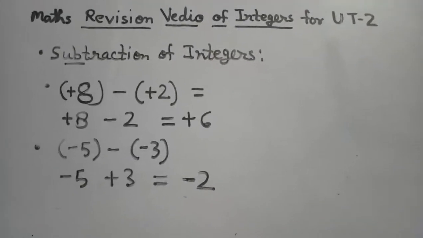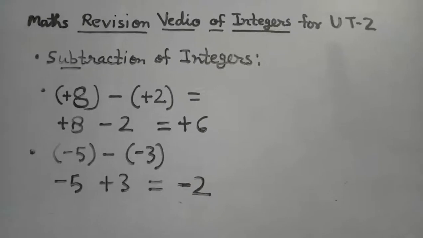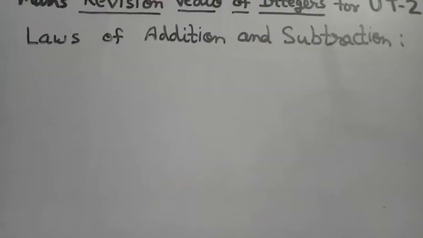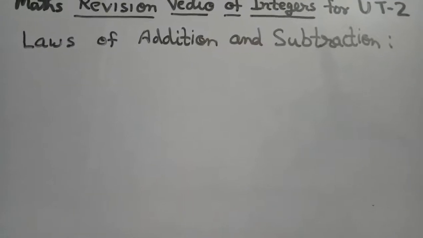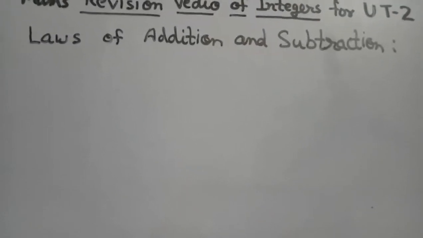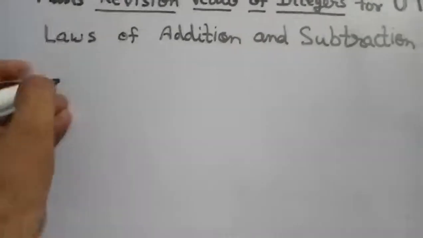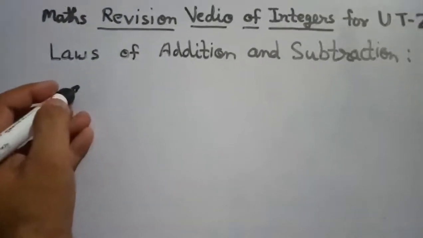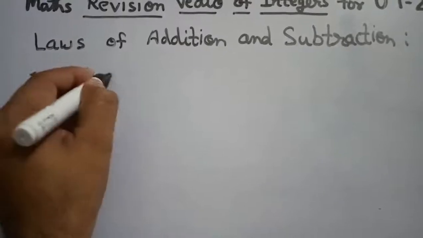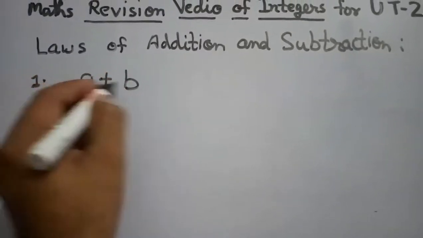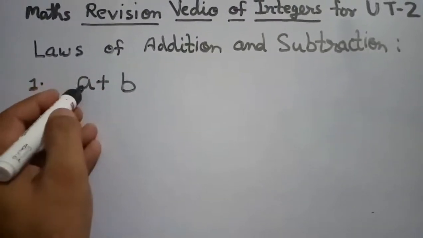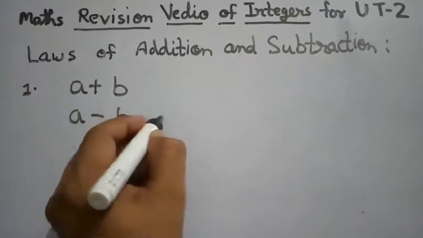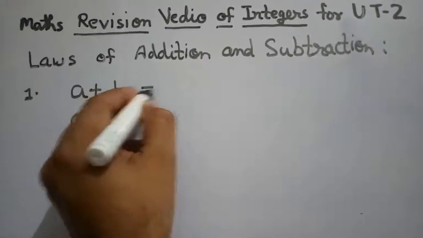Now I am going to introduce the laws of addition and subtraction. So students, the laws of addition and subtraction. First law: if we add or subtract two integers, a and b, the result is also an integer.